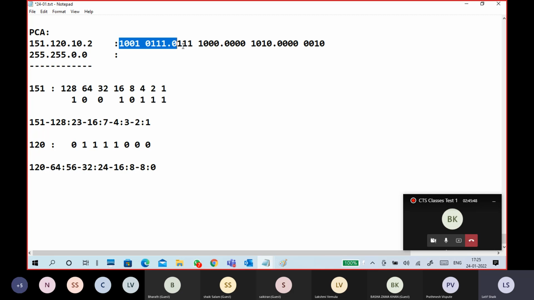So this is your IP address equivalent. 255 is quite easy. All are ones only. 255.255. Remaining are zeros.